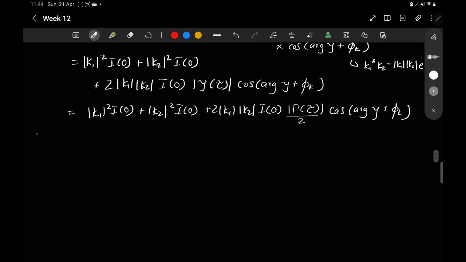Now let us keep k1 equals k2 equals k and let it be real. So this will then give phi k equals 0 because it is real.